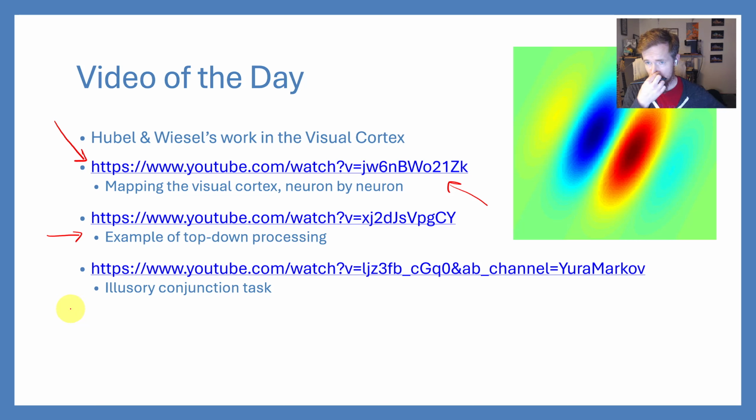And when we start talking about some of the more abstract concepts in visual cognition, like feature integration theory, this is a link to one of the experiments that investigates that topic.